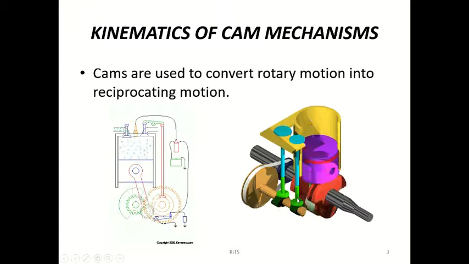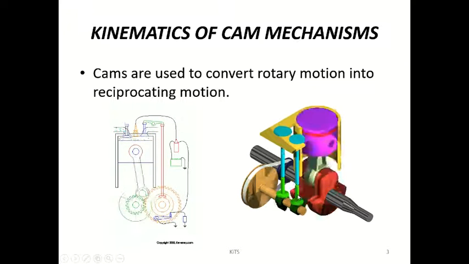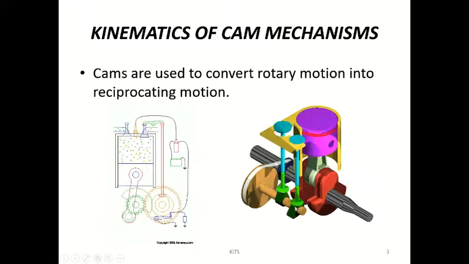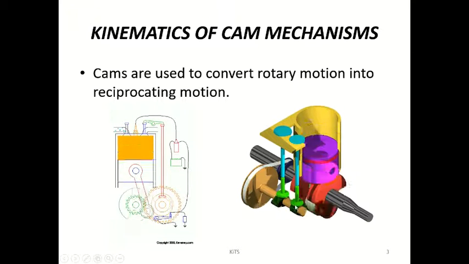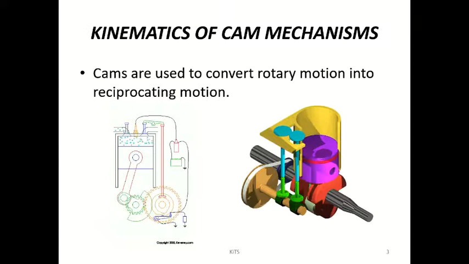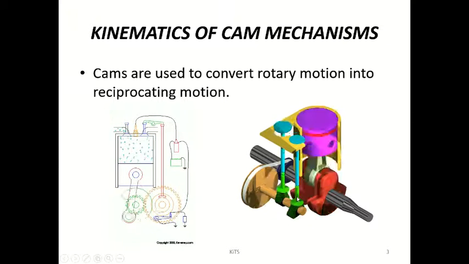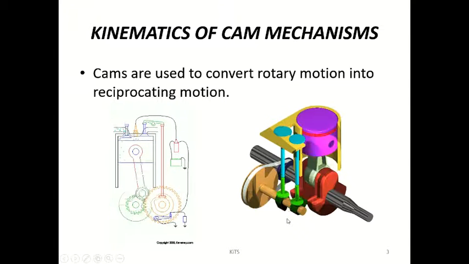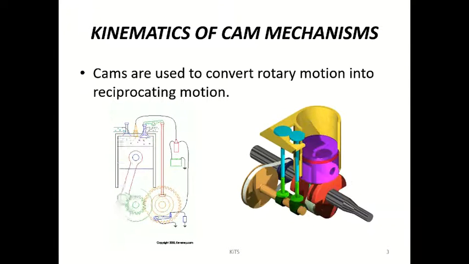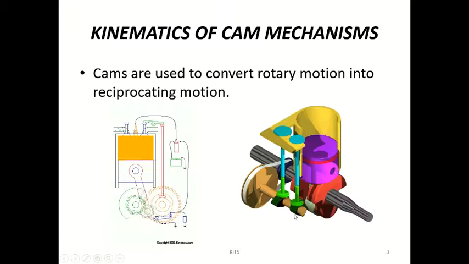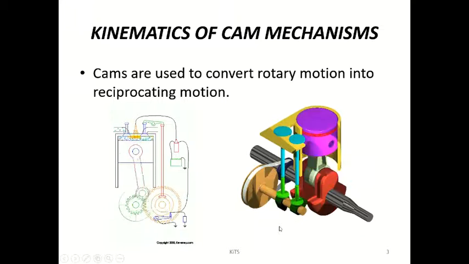And the element which is going up and down is called the follower. The cam has rotary motion, the follower has reciprocating or linear motion. It is just going up and down. From this itself you can understand that cam and follower are used to convert rotary motion into linear motion. We'll move to the next slide.